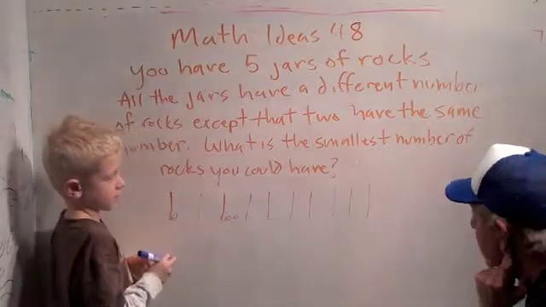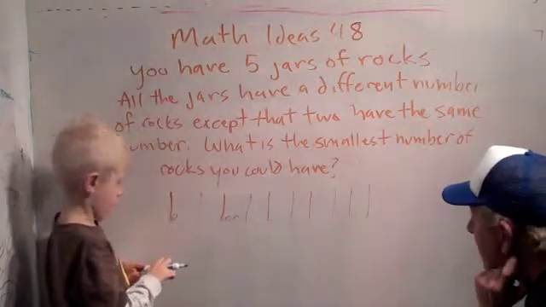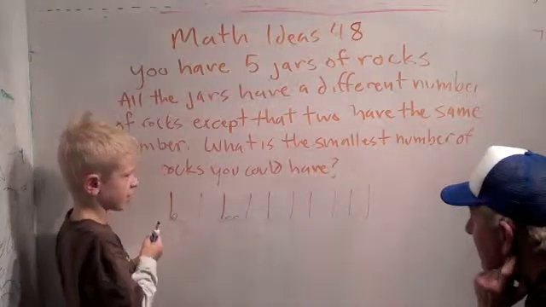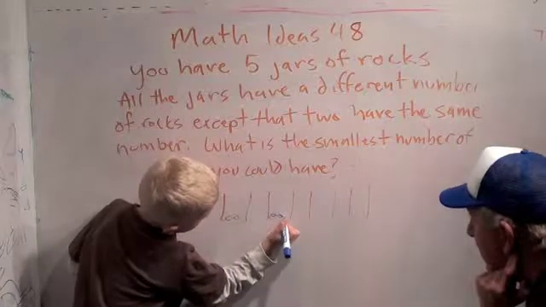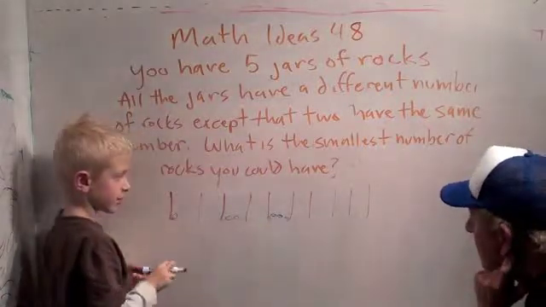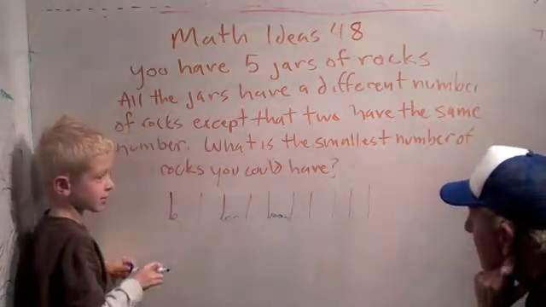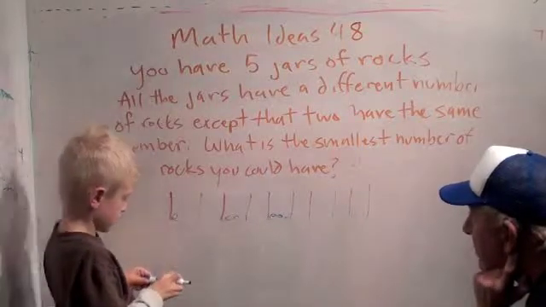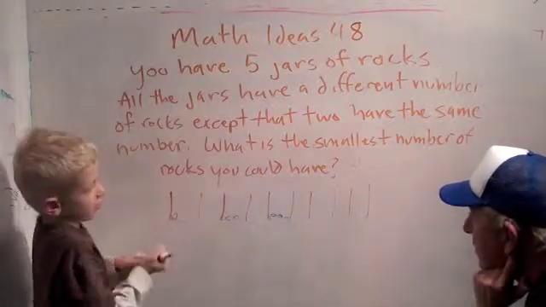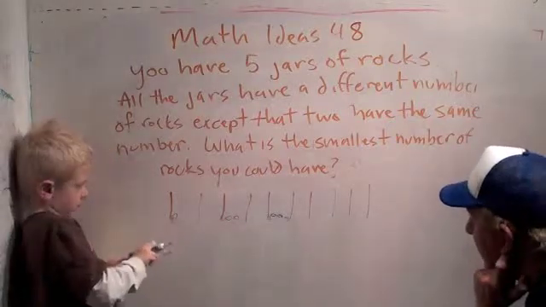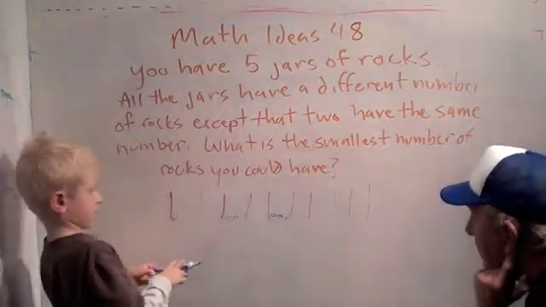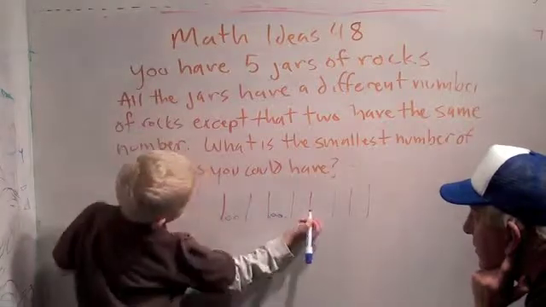How many in the third jar? 3. Good, because you got to have a different number. How many in the fourth jar? 3, because 2 have the same. But we're trying to think about the smallest number. Then that's going to have 4.